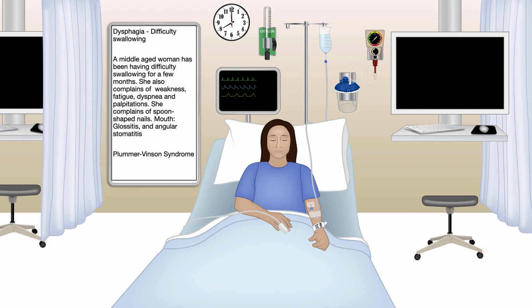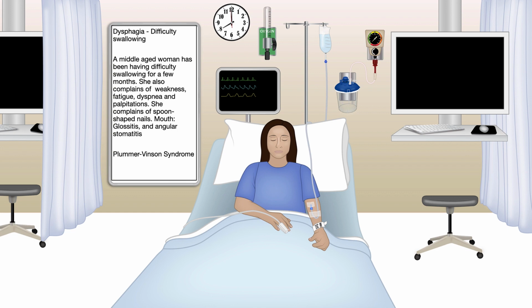And she complains that her tongue is red and inflamed, that is glossitis, and the angles of her mouth tend to crack, otherwise known as angular stomatitis. So this story is typical for what is known as Plummer-Vinson syndrome.